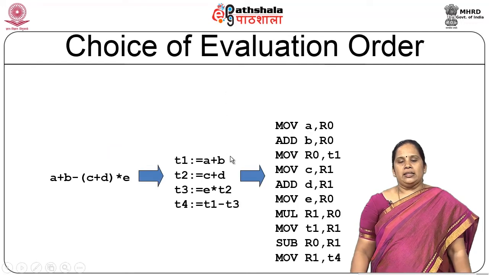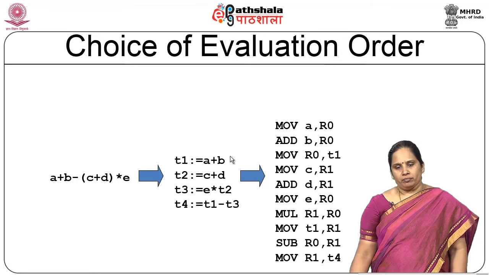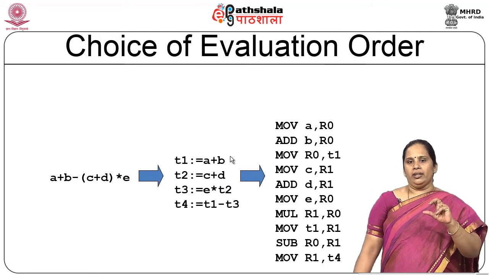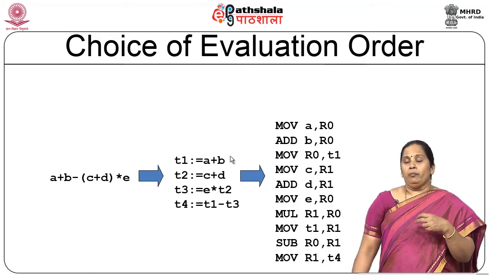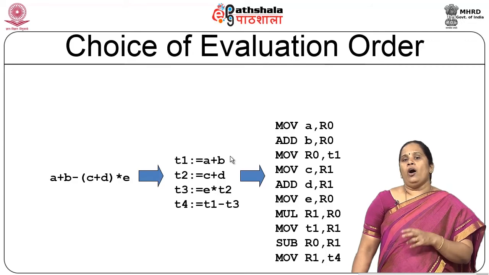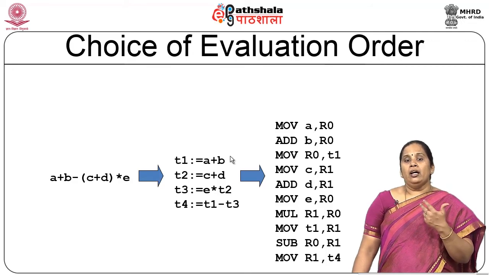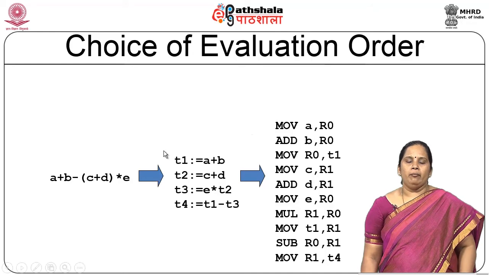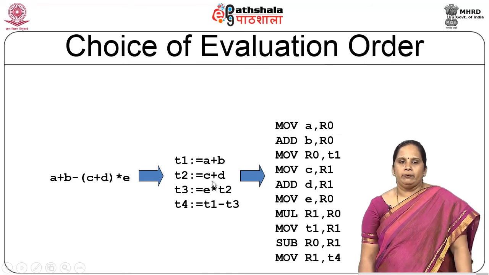The next one is choice of evaluation order. Computing independent instructions in a different order can also help generate good code. For example, let us take the instructions T1 is equal to A plus B, T2 is equal to C plus D, T3 is equal to E into T2, T1 minus T3.